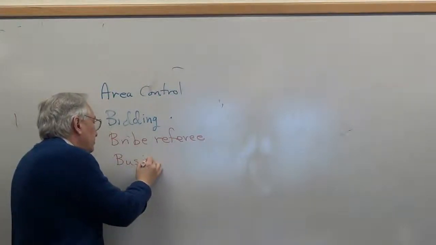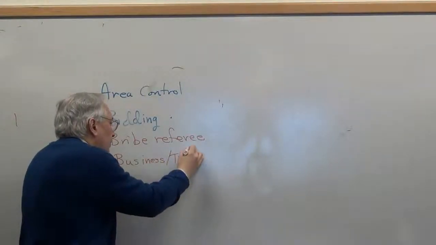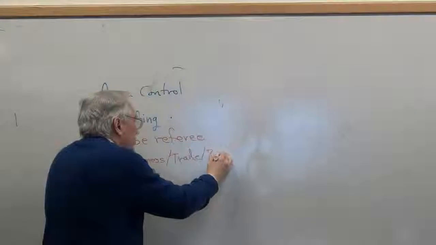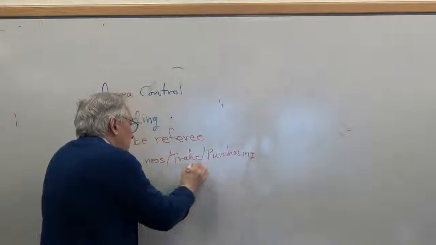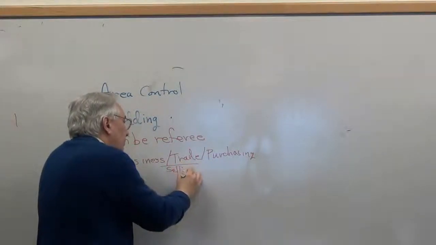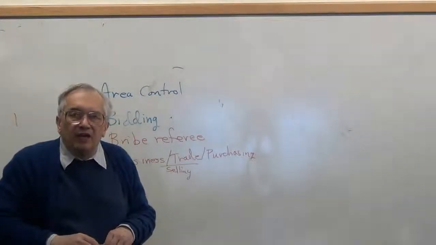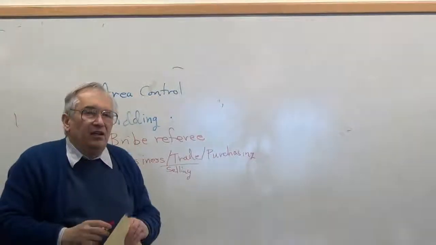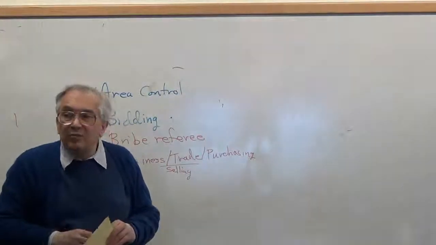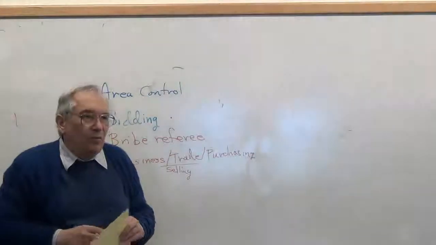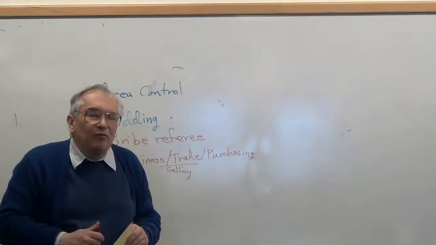Business / trade / purchasing / selling. And the notion here is you have commodities or manufactured output of some sort, and lying behind this, most typically, though you could proceed by barter, is something which is a universal value, money. The virtue of money is that it's immediately exchangeable for whatever you want.